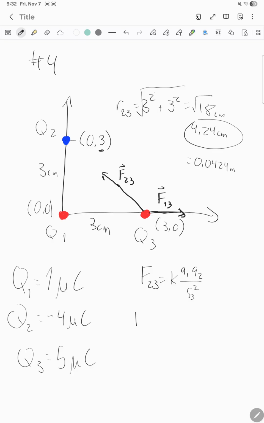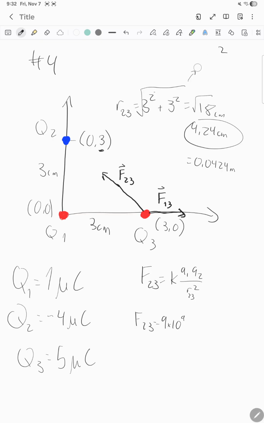So F23 will be equal to 9 times 10 to the 9. Notice that if this was in meters, R23 would have been the square root of 18 meters, and because it's squared, down here you'd just have 18.